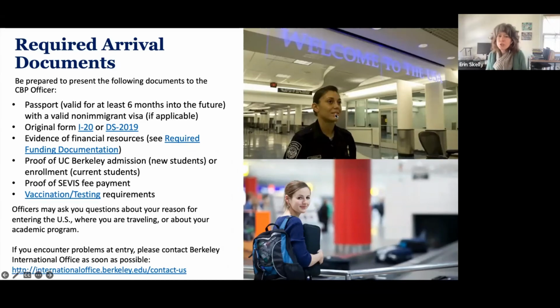We have information on our website. Anna, can you pop the COVID-19 website link into the chat? And I'm going to edit the PowerPoint. I thought I'd added it in there, but I don't see it, so I'll add it. We have links on our COVID-19 FAQ that will take you to information about vaccination requirements for entry to the US.